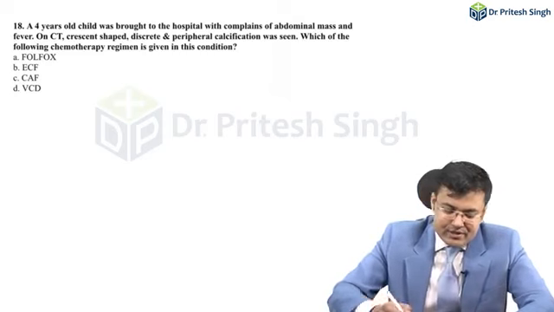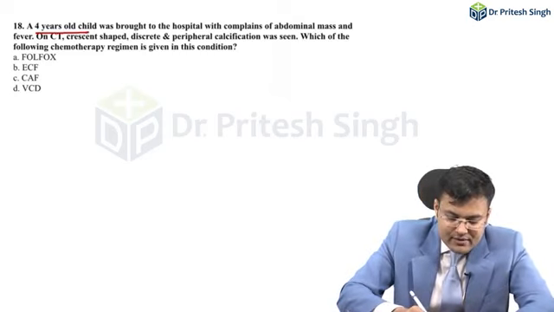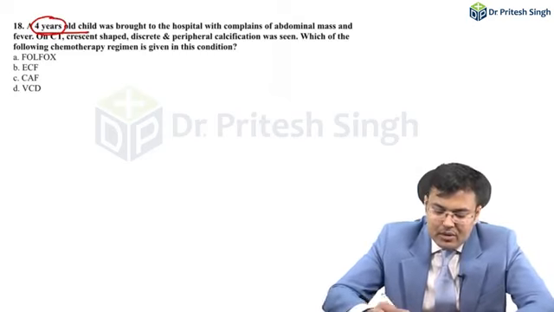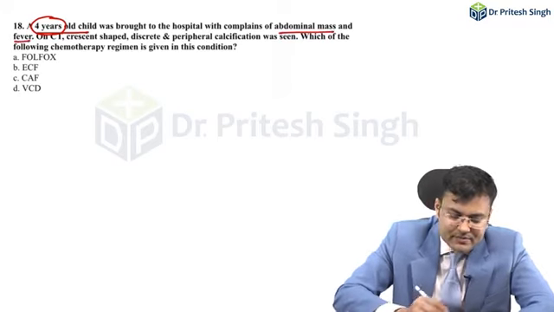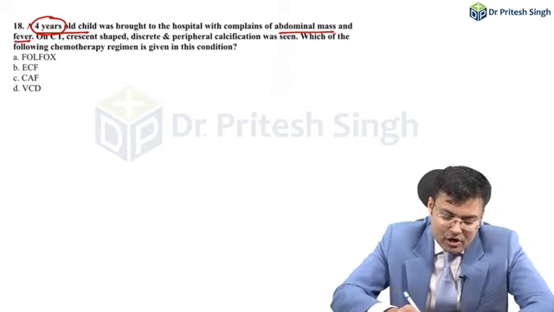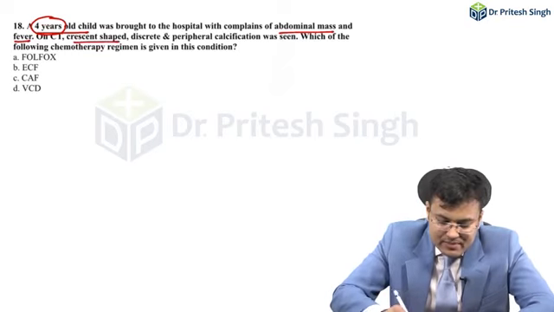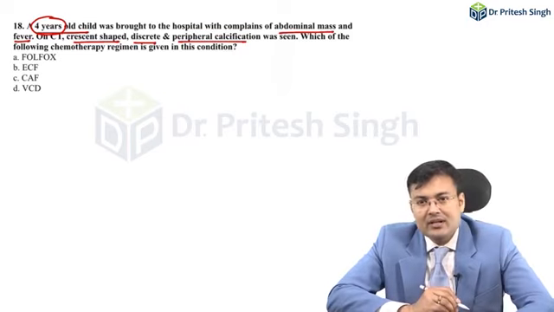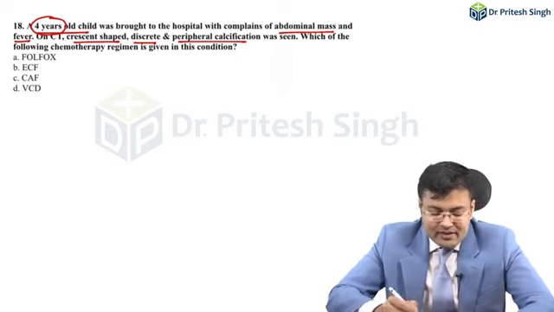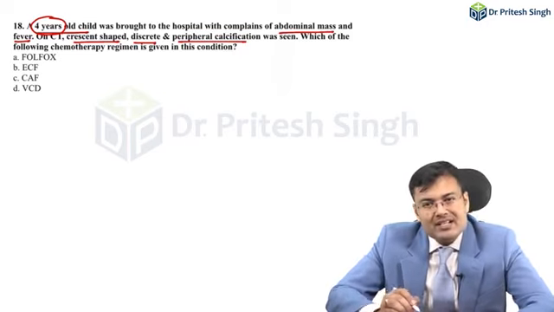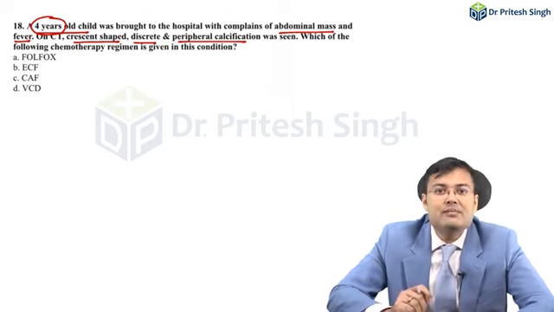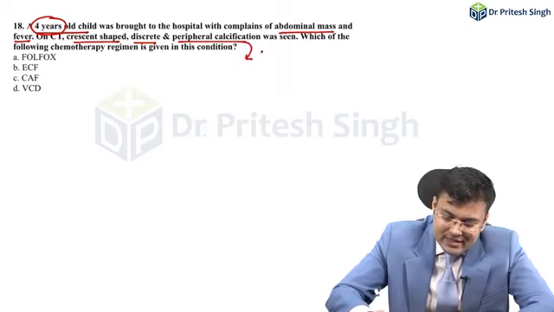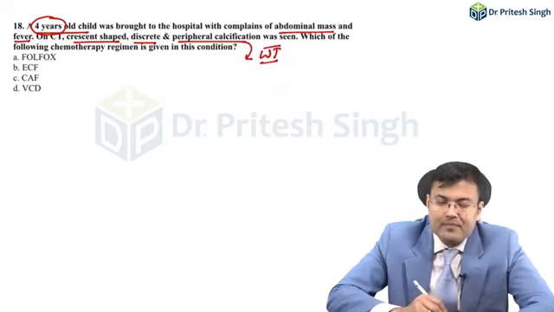Now see this question. A 4 year old child is brought to the hospital with complaints of abdominal mass and fever. On CT, crescent shaped discrete and peripheral calcification was seen. Abdominal mass, fever. Can you see? Crescent shaped discrete and peripheral calcification is a characteristic feature of which tumor? Wilms tumor.